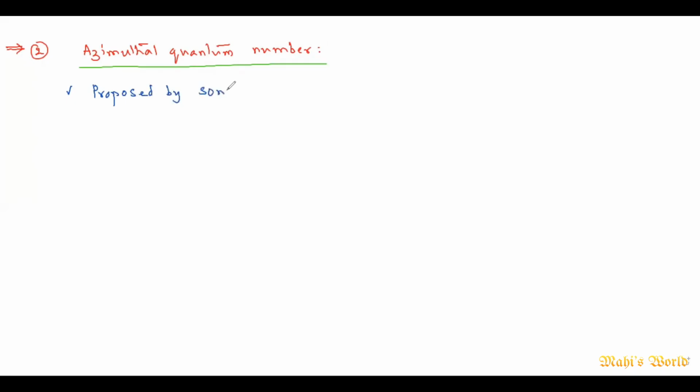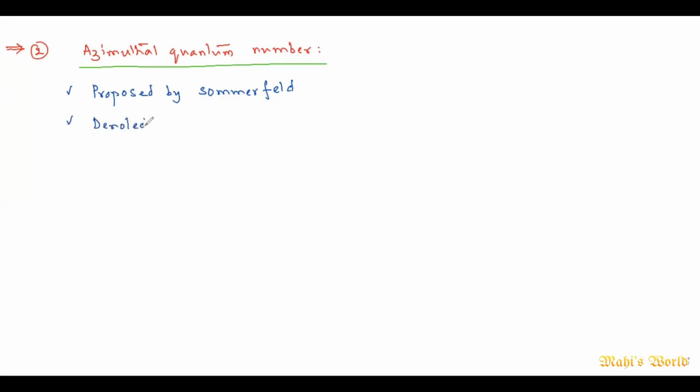Now coming to the second one, that is the azimuthal quantum number. The azimuthal quantum number was proposed by Sommerfeld. It's not Sommerfield, Sommerfeld.